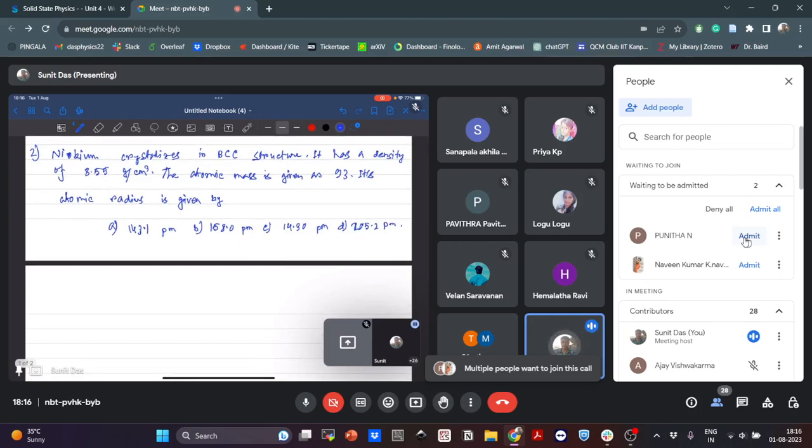Niobium crystallizes in BCC structure, meaning body centered cubic structure, and it has a density of 8.55 gram per centimeter cube, and the atomic mass is given as 93. So what will be its atomic radius? Options are 143.1 picometer, 158 picometer, 14.3 picometer, or 205.2 picometer.